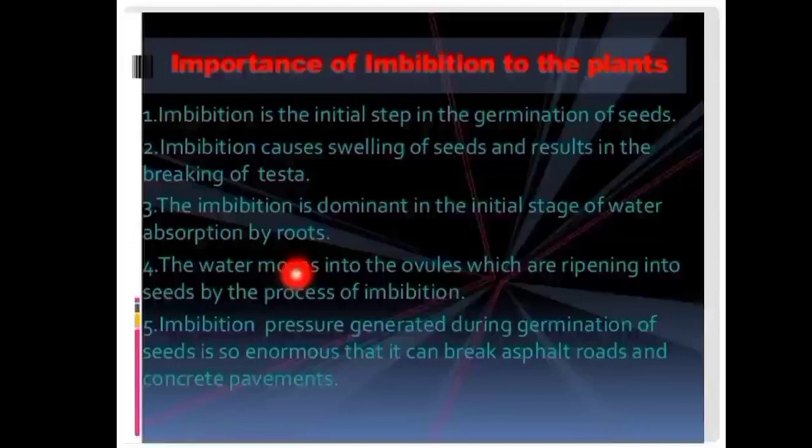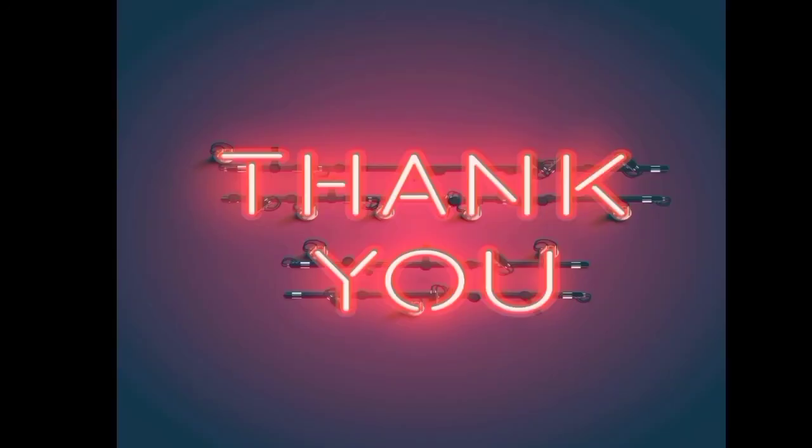Then the fruits retain water by the imbibition process. Then the movement of water into the ovules that are ripening into the seeds is made possible by the process of imbibition. So this was all about the diffusion and the imbibition.